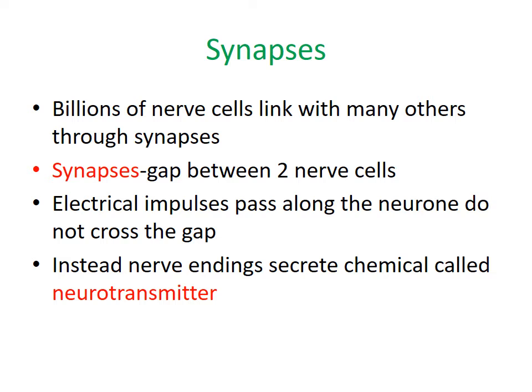Electrical impulses pass along the neuron, but they do not cross the gap. Instead, the nerve endings secrete chemicals called neurotransmitters. Then this chemical diffuses across the gap and attaches to the membrane of the second neuron. Then it will start new impulses in the second cell.